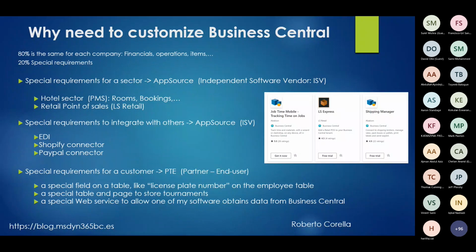Then we need to improve Business Central with this kind of thing, or also the retail point of sale as LS Retail. Then we normally use AppSource, the market where we have a big application, a big extension to our Business Central, right? For this kind of requirements.